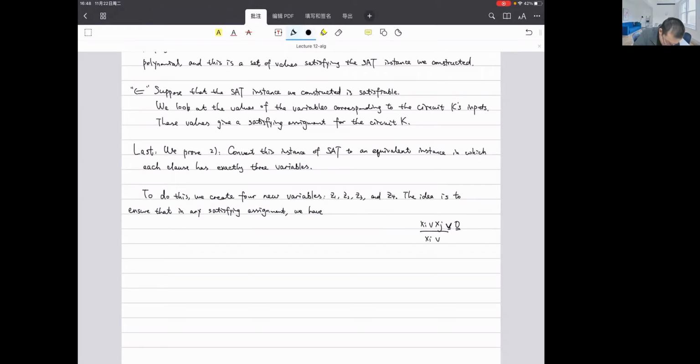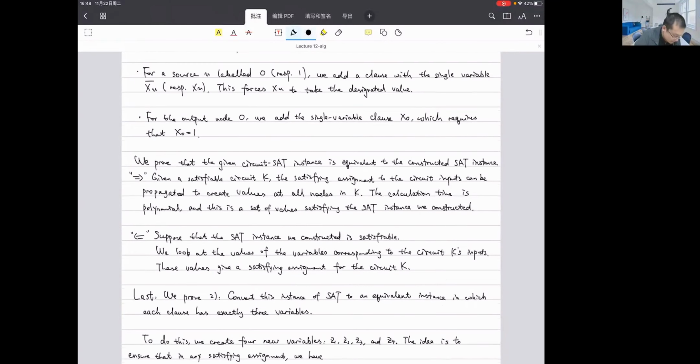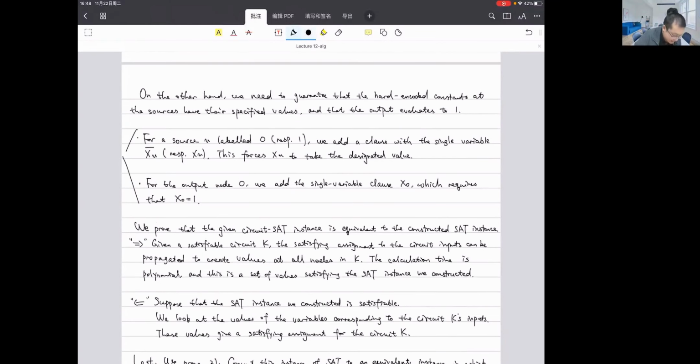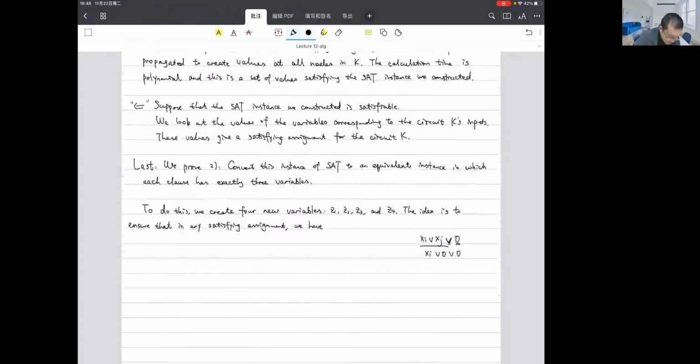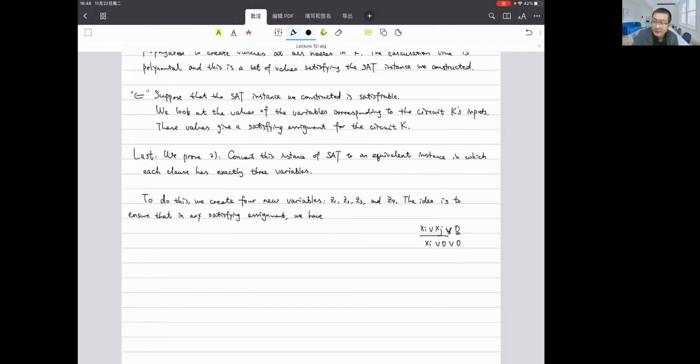And if, for instance, you only have one variable in one of the clauses, recall that when we consider inputs and output, we do have clauses where a clause can only have 1 literal. So maybe we also want to have this kind of 'or 0' thing. So we want to construct 2 zeros based on these restrictions.